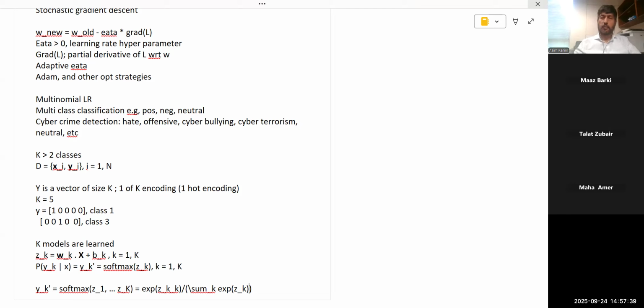So I wrote x there. So this is z, the output of the linear model for each of those k classes.